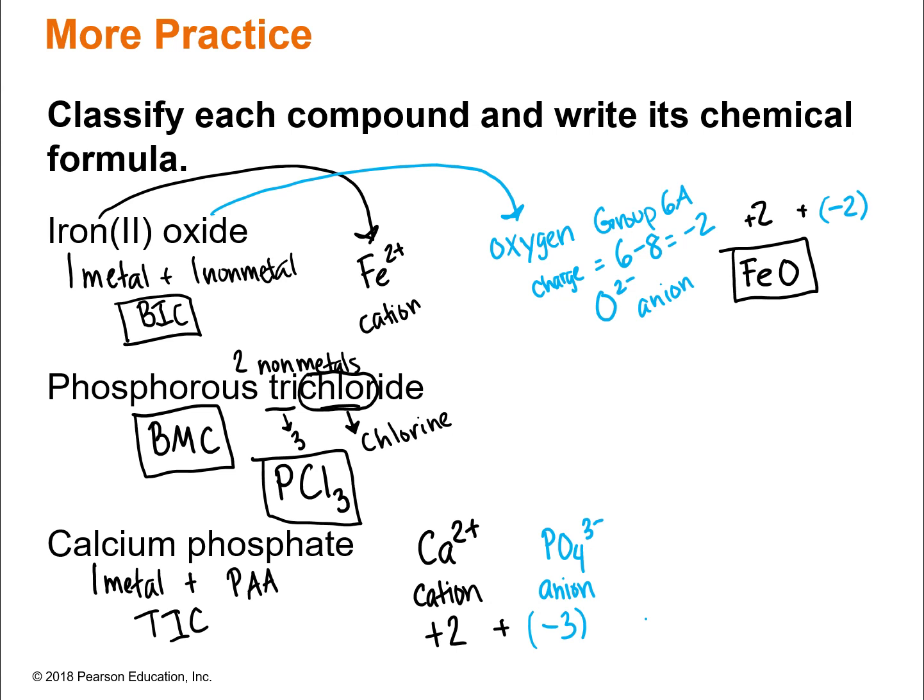If we had 1 calcium ion and 1 phosphate ion, we would not have 0 as our net charge. So we've got to do the cross thing.